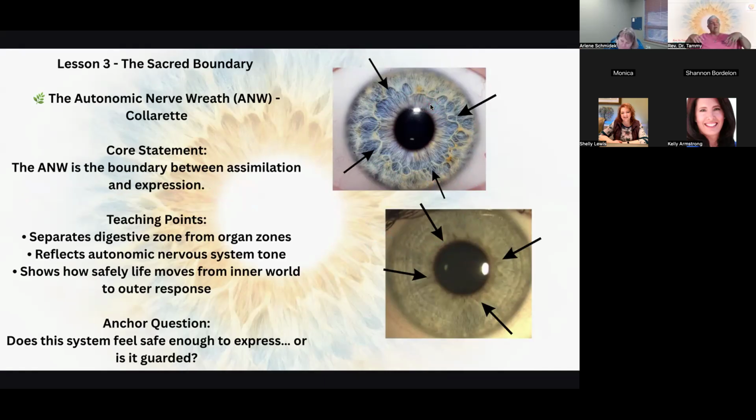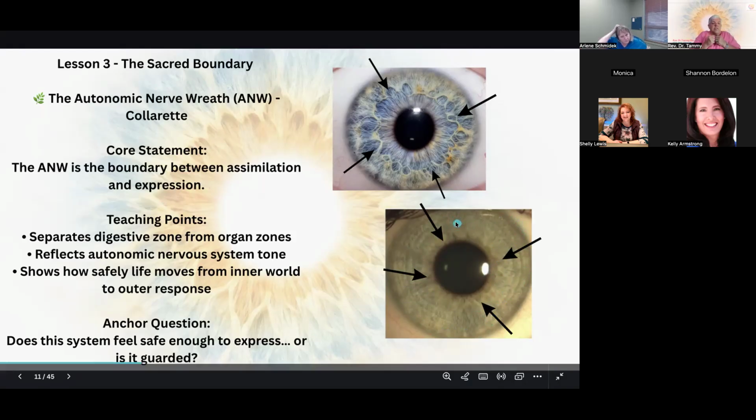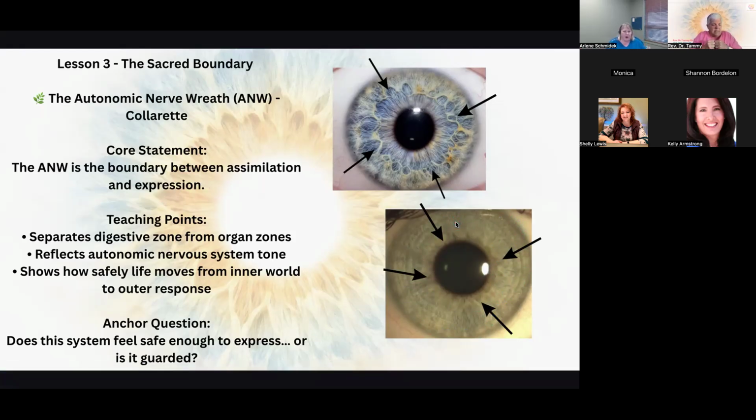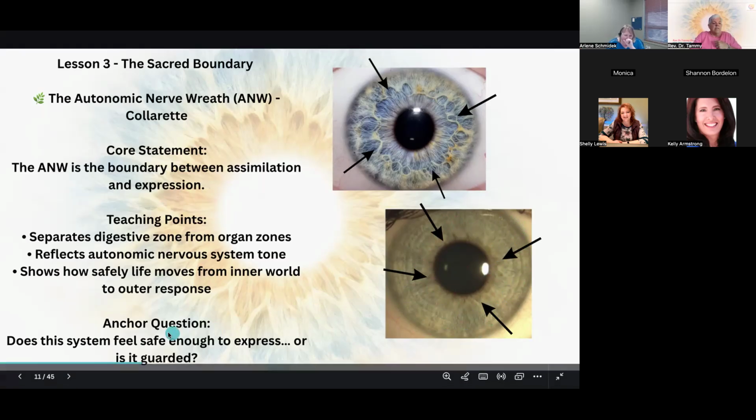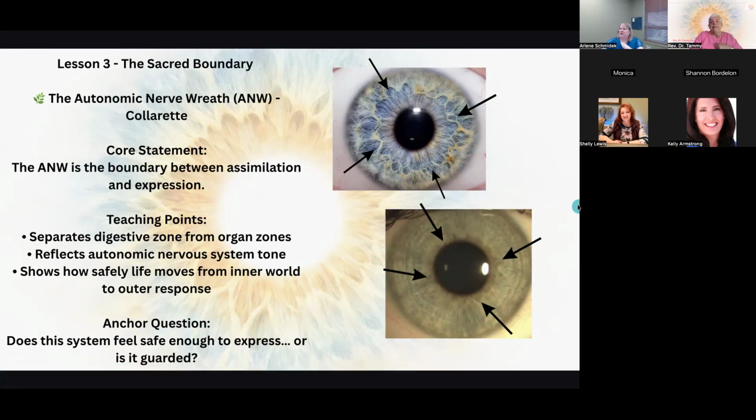So they're probably just out there enjoying life, not a lot of boundaries, whereas this one out here is really tight, very constricted. They're holding everything in. Even the nerve rings are showing me that. They're just an anxiety mess, so to speak. So you want to ask, does this system feel safe enough to express, or is it guarded? This one's guarded. This one will express to you.